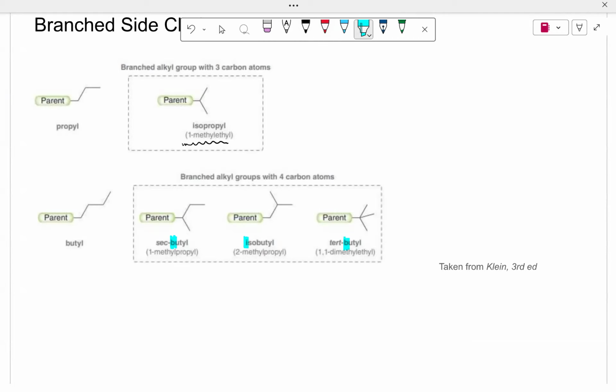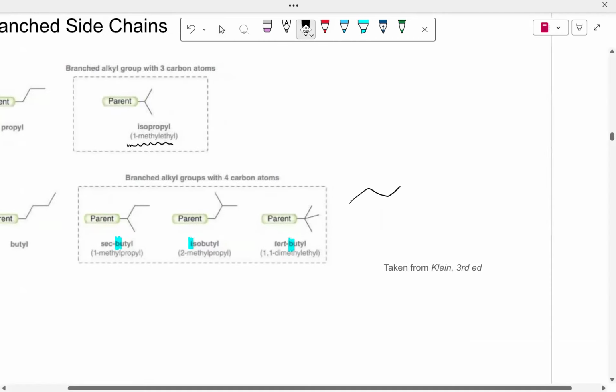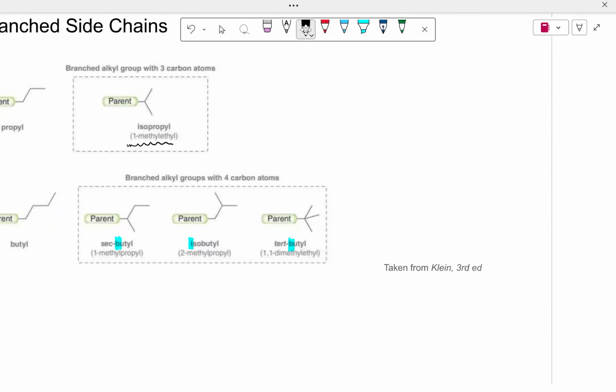Now let me show you what those groups look like in a compound. So I'm just going to do a large carbon chain here. Don't know how many carbons that is, but oops, it disappeared. Okay. And so a sec-butyl group would look like this, where that side chain is attached to the parent chain by that second carbon there.